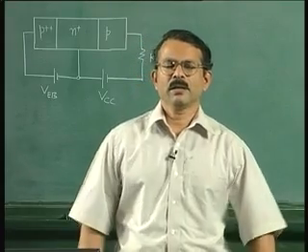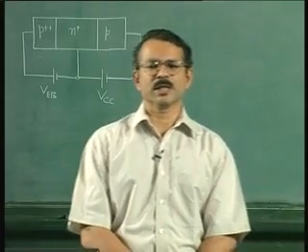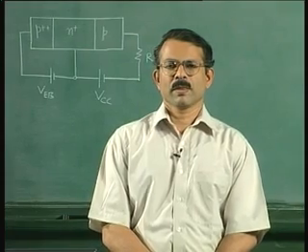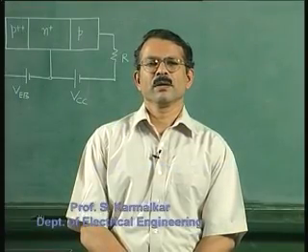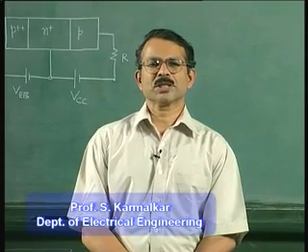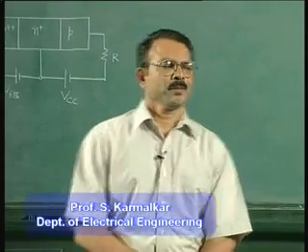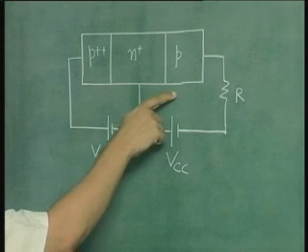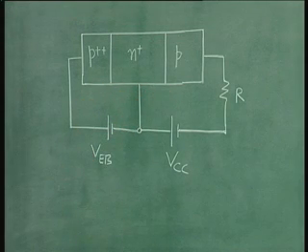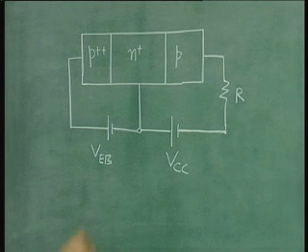So we have been discussing the bipolar junction transistor. In the previous lecture, we saw how the transistor can be used for small signal amplification. To summarize the discussion of the previous lecture, the bipolar junction transistor can be regarded as a transconductance amplifier.